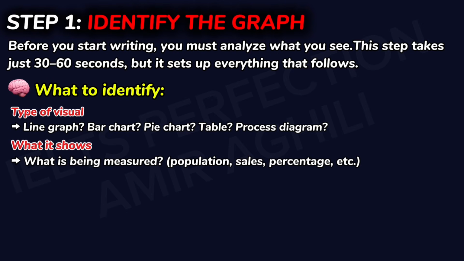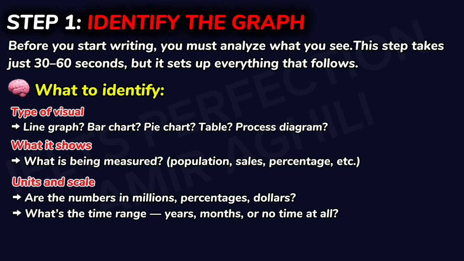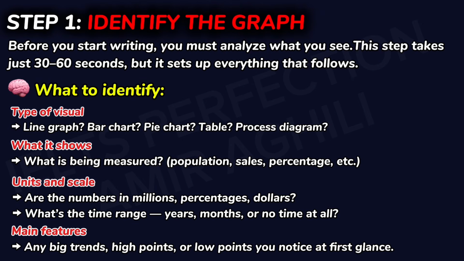What it shows, what is being measured, population, sales, percentage, etc. Units and scales. Are the numbers in millions, percentage, dollars? And what's the time range? Years, months, or no time at all? And the main features. Any big trends, high points, or low points you noticed at the first glance.